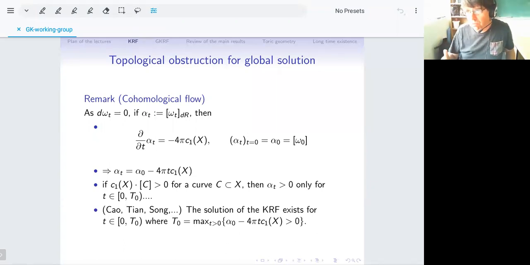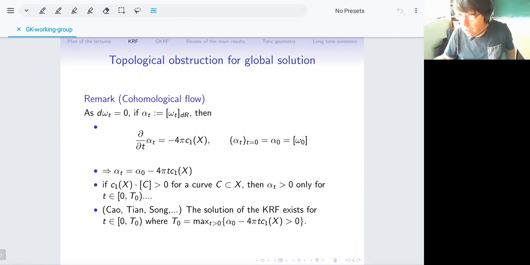And the general conjecture, which is actually a theorem in the Kähler case, due to many people, Tsuji, Tian, Song, is that the solution of the Kähler-Ricci flow would exist for an amount of time until capital T0, where T0 is the supremum, the maximum T for which alpha 0 minus 4π t c1 is positive definite. Okay, so for t equal to 0, this is always the case because we started from a Kähler metric.